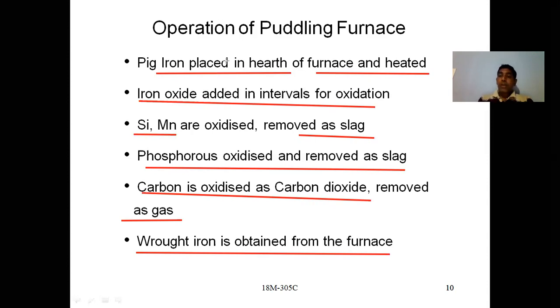So we have to add iron oxide at regular intervals for oxidation purpose, as well as line the hearth with iron oxide, that is hematite generally.